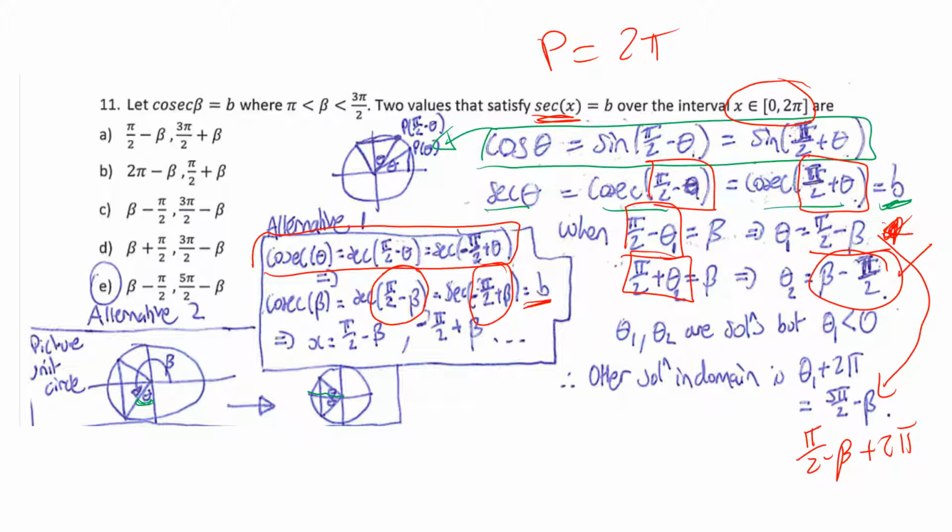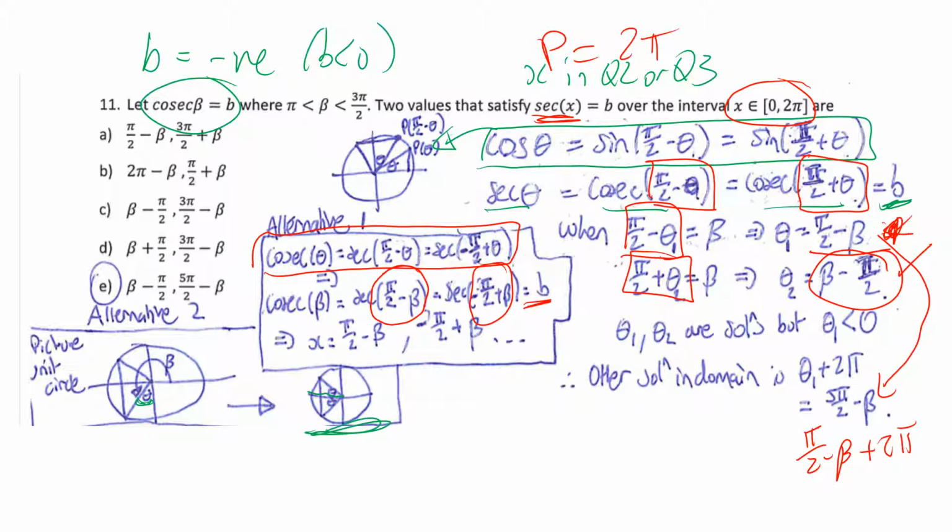And it has to be in the second and third quadrants because beta, as we know, is negative. Beta is a negative value, and for sec of x to equal a negative value, it would suggest that x would be in quadrant 2 or quadrant 3. So that's why we've set up the diagram like so. So how do we get this? Relating it back to this picture, how do we get this angle theta aligned with the x-axis in that way?